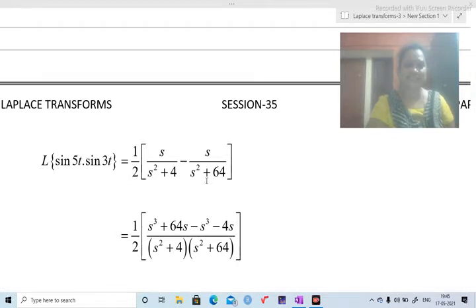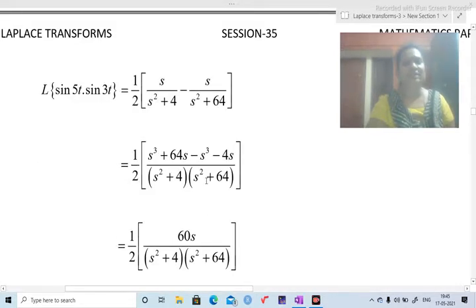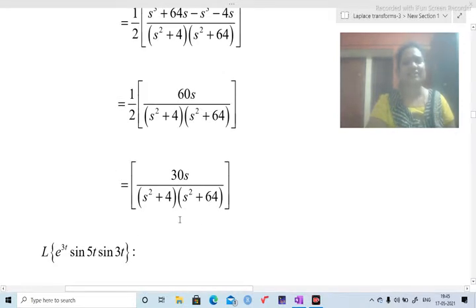Take LCM and simplify. Then we are going to get numerator as 60s, 2 1s are 2, 30s are. So the final value is 30s divided by s square plus 4 into s square plus 64.